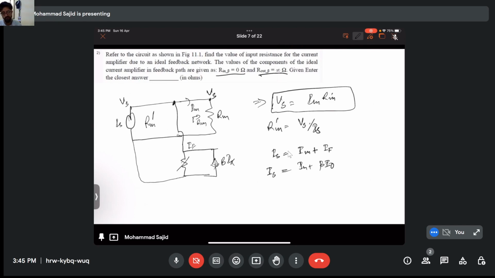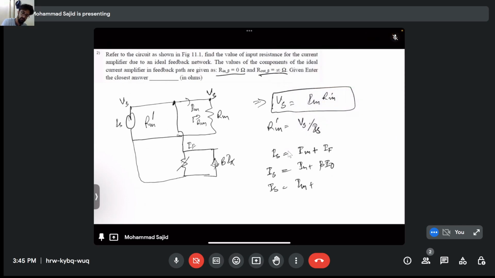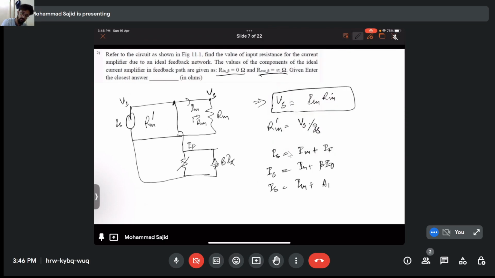I can, right? And we know it is equivalent to AI beta times In.